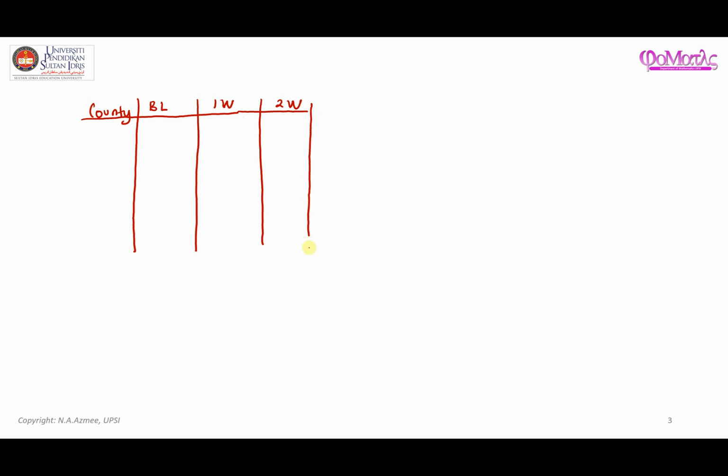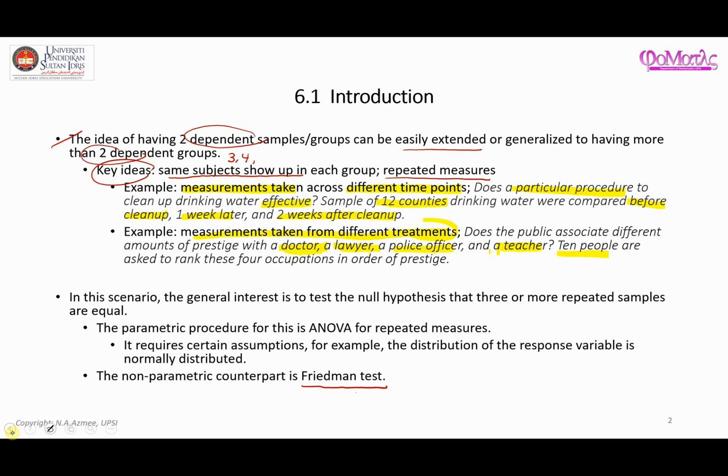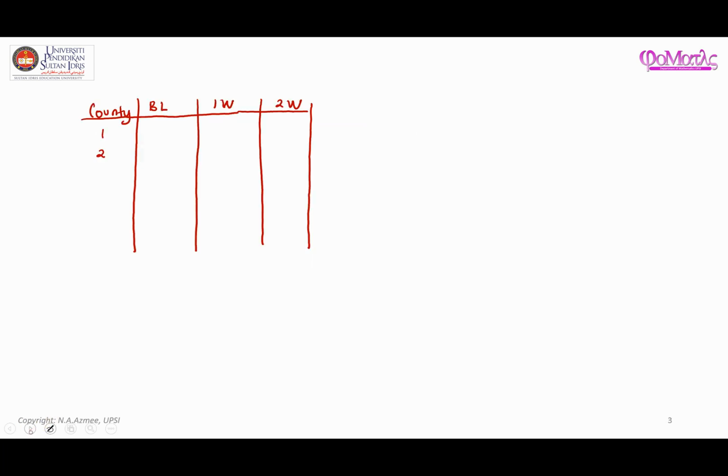This is how your data is going to appear. So we have county 1, 2, and up to 12. You can imagine your data will appear like this.